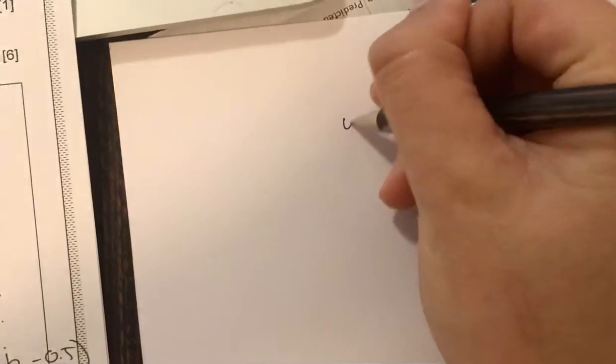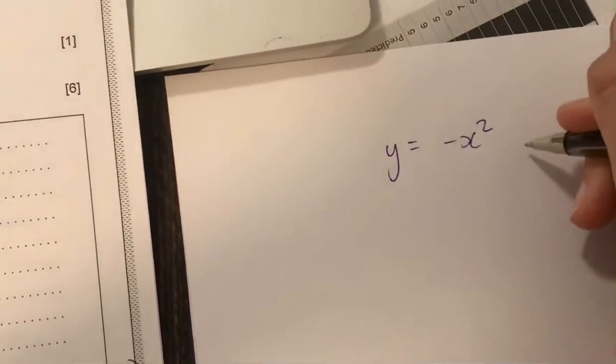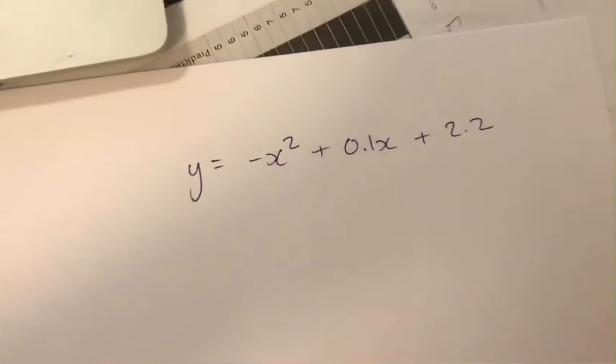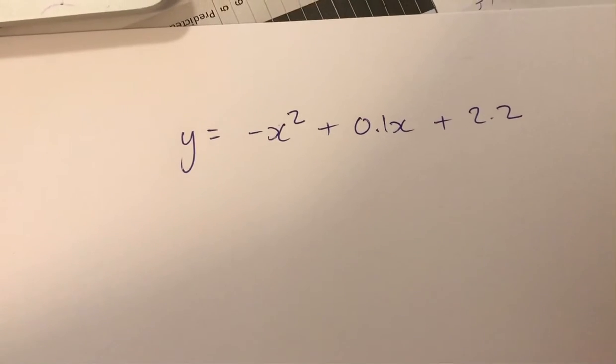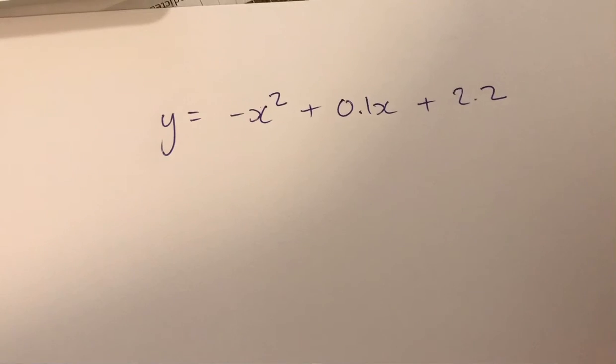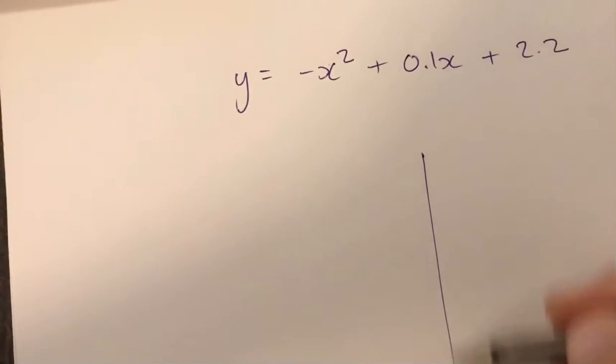So if you were given something like y equals minus x squared plus 0.1x plus 2.2, and you were asked to find the greatest possible value of y and the least possible value of y, you'd probably think about graphing it.